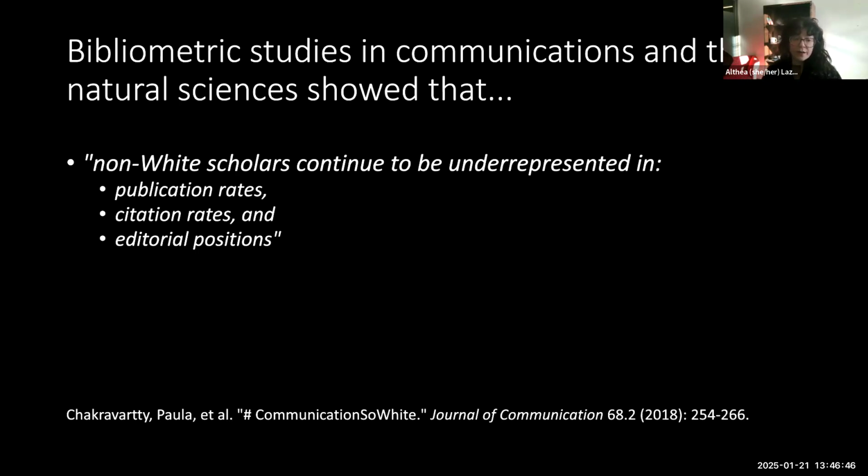They're underrepresented in publication rates, how much they're publishing in the scholarly literature, citation rates, how much other people are citing them, and editorial positions. What that means is the people who select articles to be included in scholarly journals.